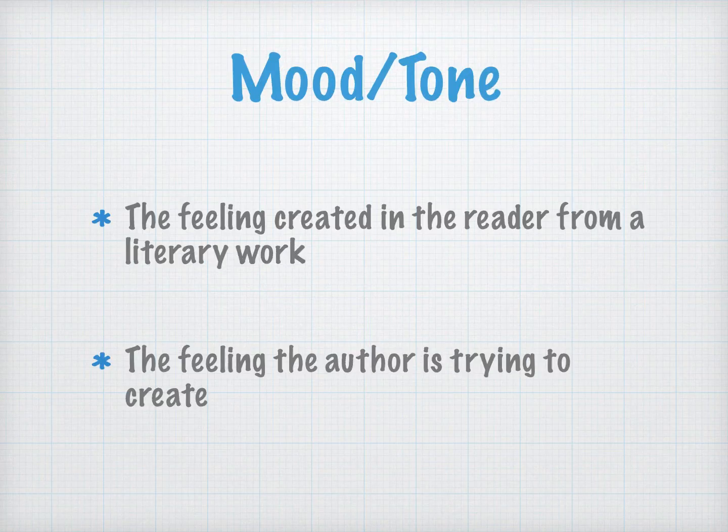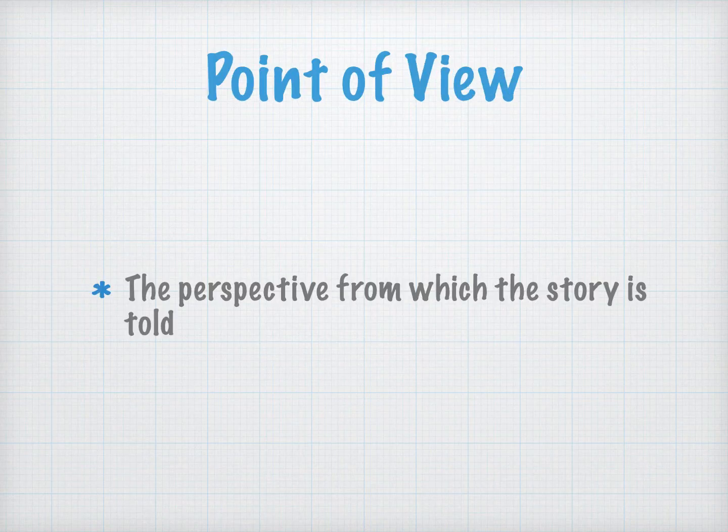Your mood and your tone, so you read something and you feel sad or happy or excited, or the author's writing something and they want you to feel suspenseful as you're reading the story. Point of view still around, so remember it's your first person, using I, me, where the character's telling the story.